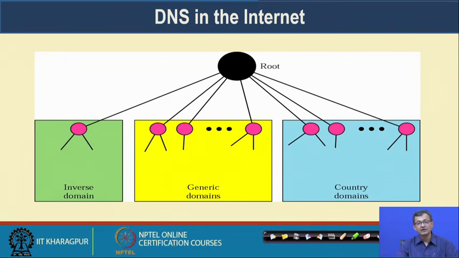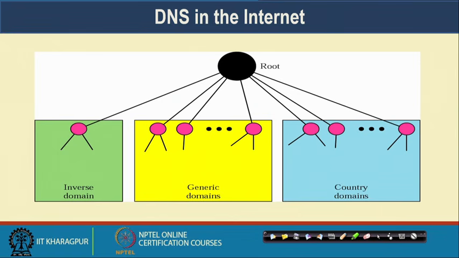Now, the role of DNS in the internet. There are three categories. As we have seen, generic domain and country domain: one is 3 or more characters and one is 2 characters in length. Now, there is a third category called inverse domain or reverse domain, right.